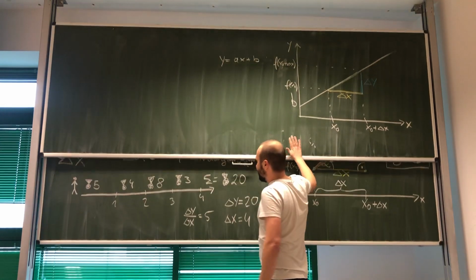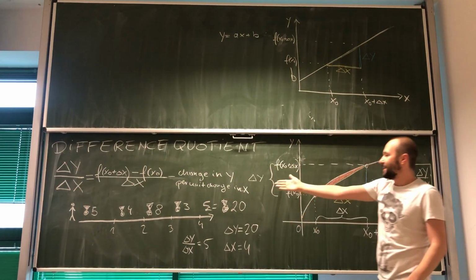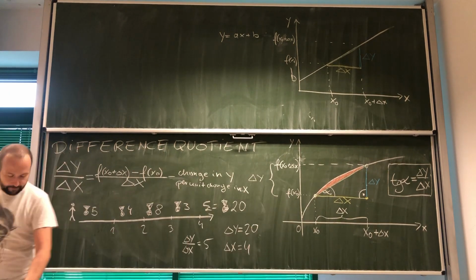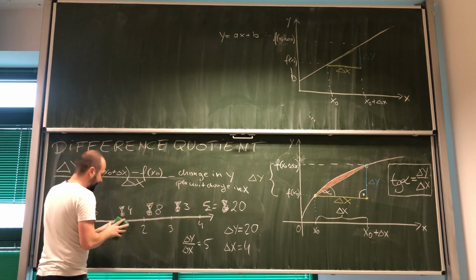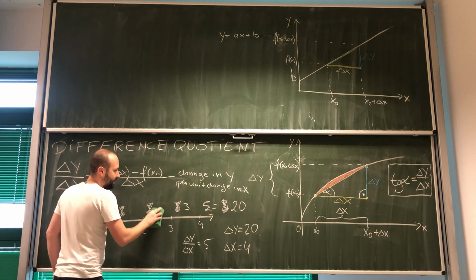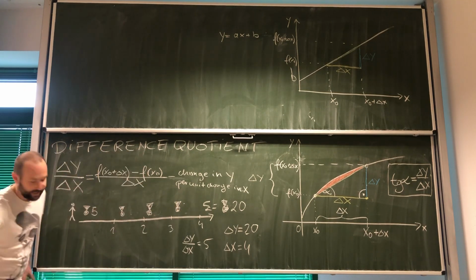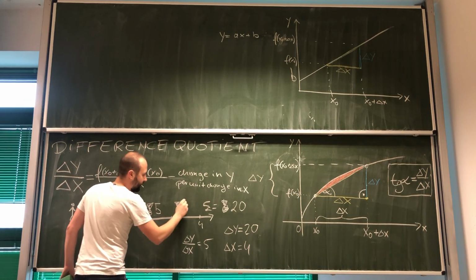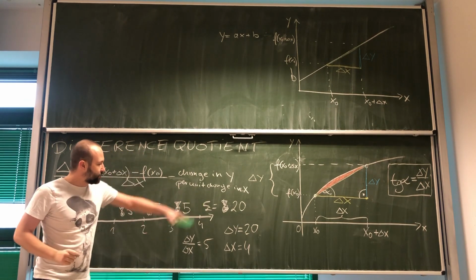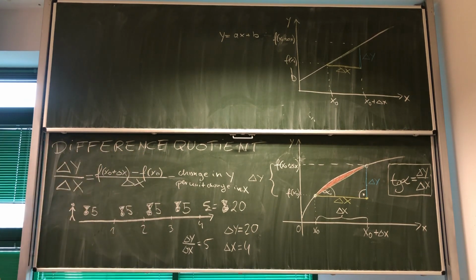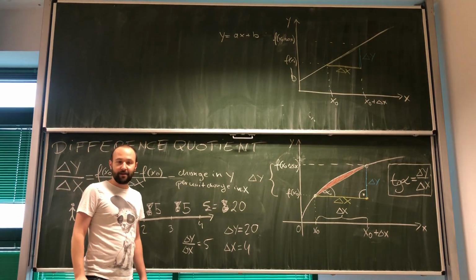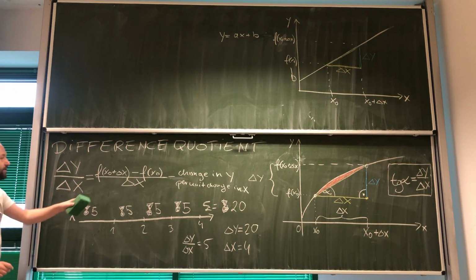And look, we could actually illustrate a case like that with bags of trash. Look, if this boy would be collecting exactly 5 bags of trash during each kilometer, at the end he would still have 20, and the difference quotient would remain the same, right? So in this case, the approximation would be perfect.